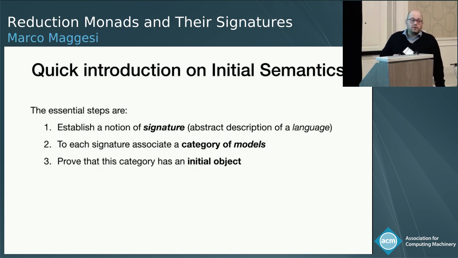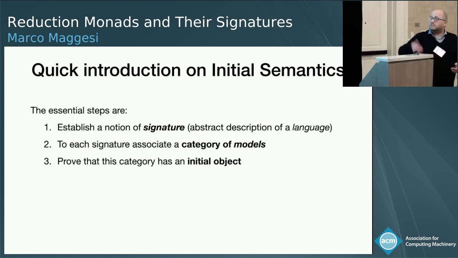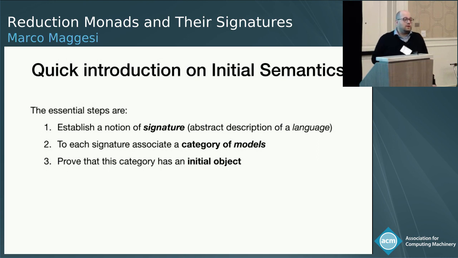The second step is to give a notion of category of models. So models are where your program takes the semantic. And finally, you need a theorem that proves that this category of models has an initial object. The initial object is your programming language in some sense.